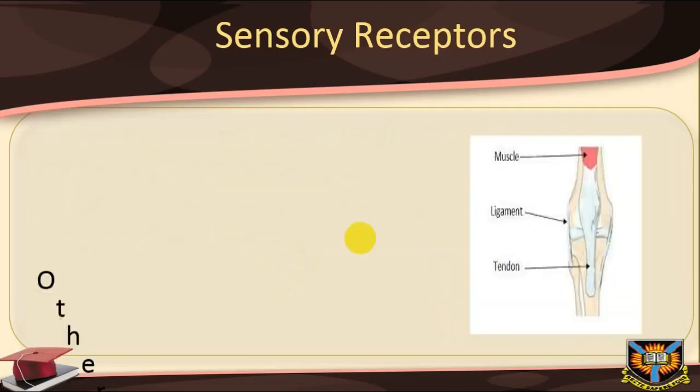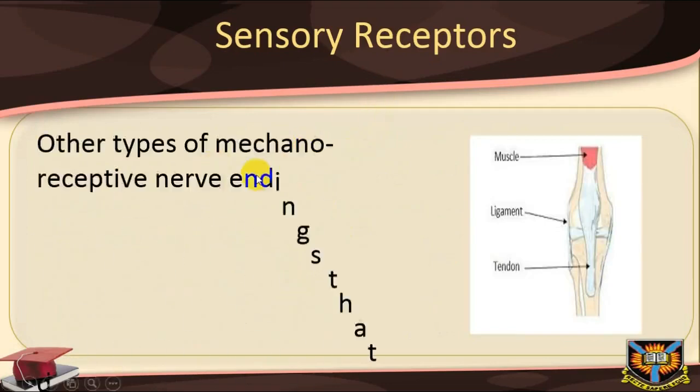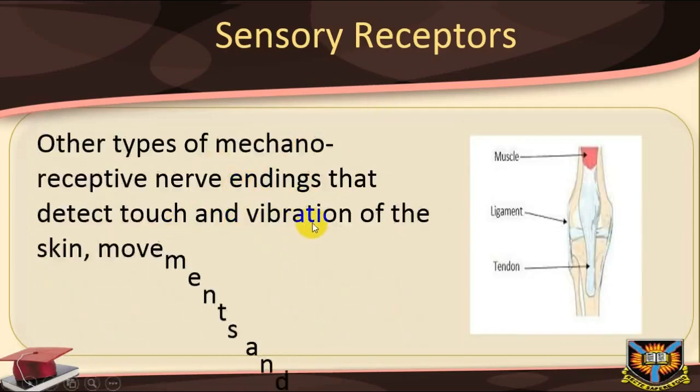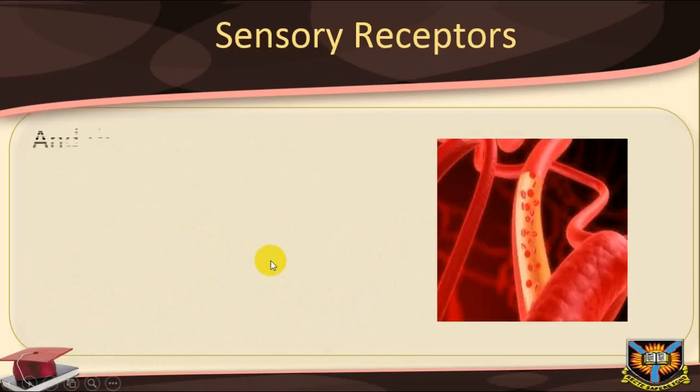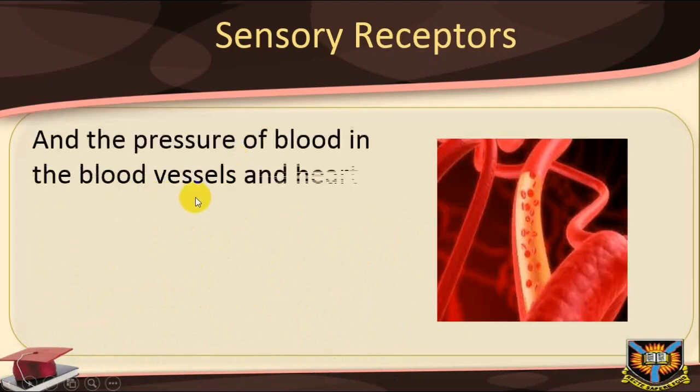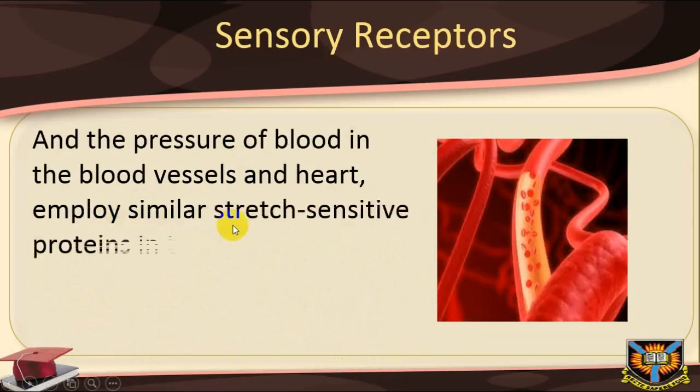Other types of mechanoreceptive nerve endings that detect touch and vibration of the skin, movements and stretch of muscles, tendons, and joints, and the pressure of blood in the blood vessels and arteries employ similar stretch-sensitive proteins in their membranes.